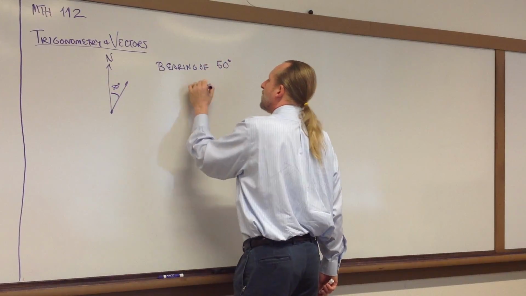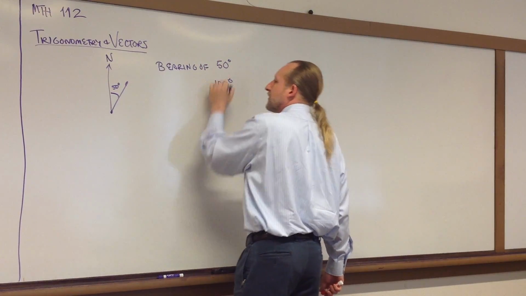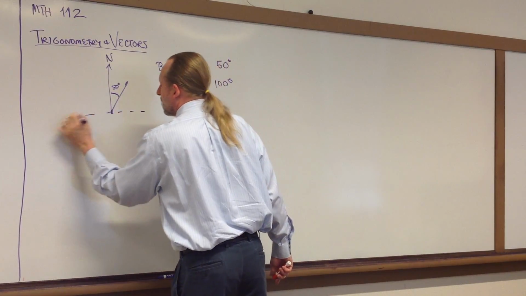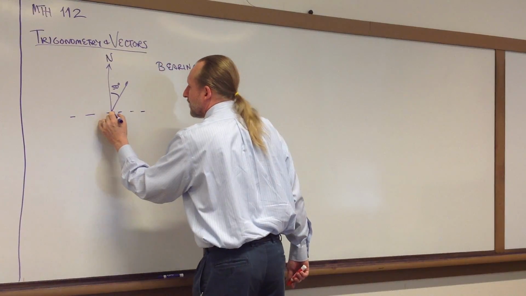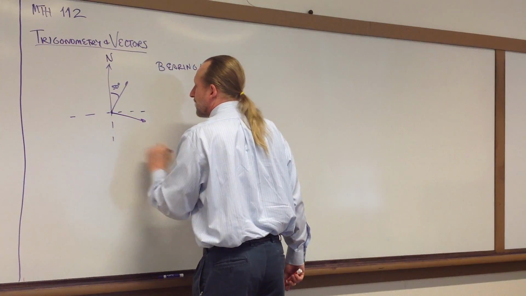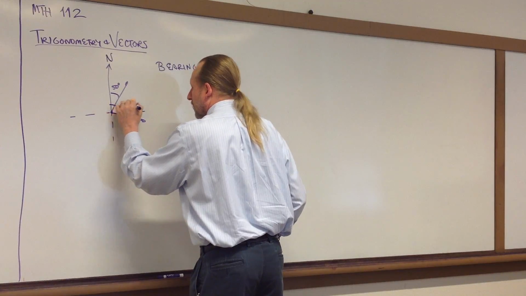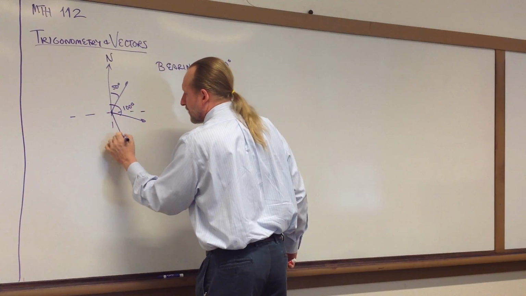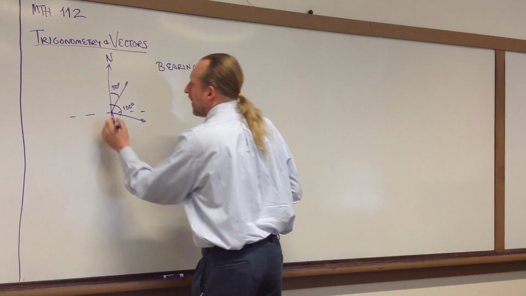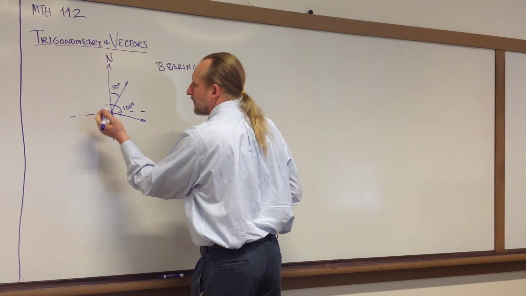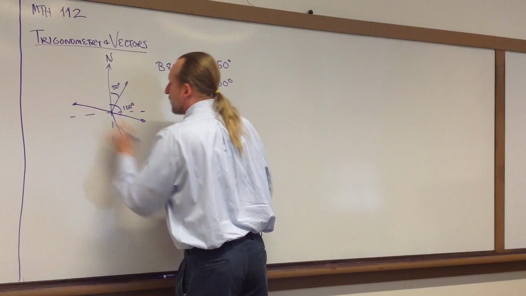Bearing of 100 degrees, and I'll put in the other directions here. Bearing of 100 degrees would look something like this. Right? 150 degrees would be down here. Let's say 300 degrees is over here.